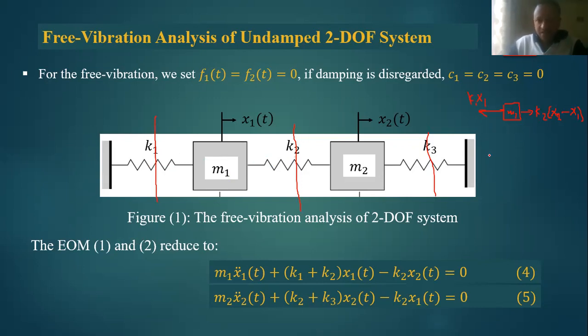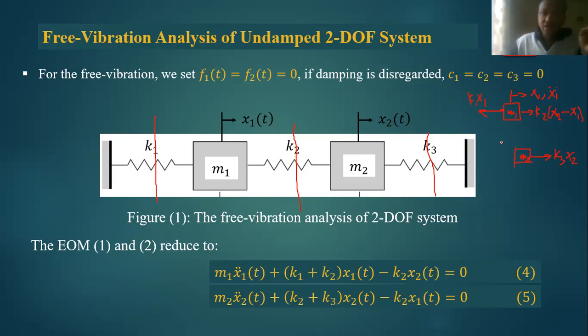Again, for the second mass, the motion is considered in this direction, x2 and x2 dot. Similar to this, we have the free body diagram of mass 2. In this direction, k3 times x2, because x2 experiences compression towards k3.